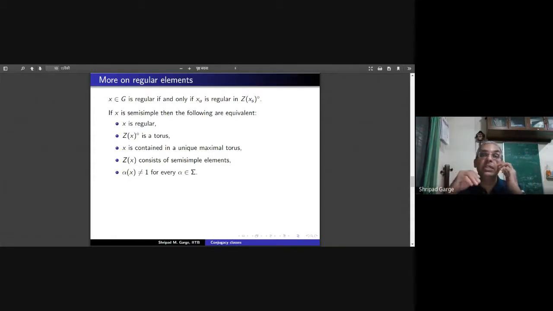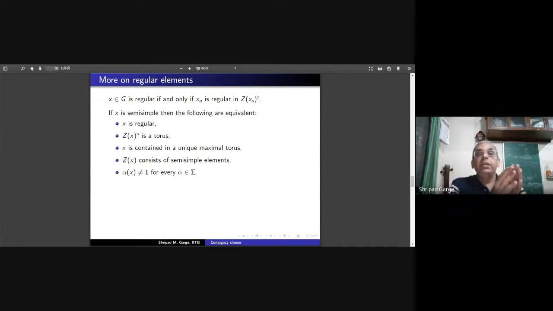So when you look at the centralizer of Xs, your Xu is an element in this centralizer Gxs. Moreover, we have seen that Xu is inside Gx naught, because Gx by Gx naught consists only of semi-simple elements. So Xu sits in the connected component of the identity of the centralizer of the semi-simple part.